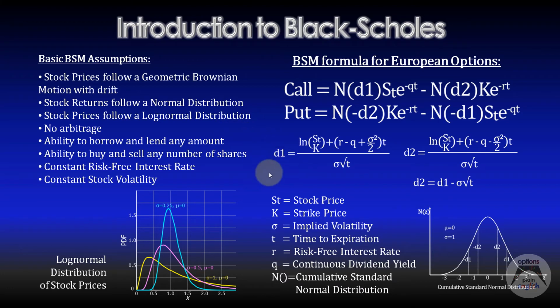So here you can see how the delta and the probability of expiring in the money are based on this function, which cannot be higher than 1 because the total area of the curve is 1. And you can see that they're not the same, although they are very similar and very closely related. Okay, so N of D1 is delta, and N of D2 is the probability of expiring in the money.